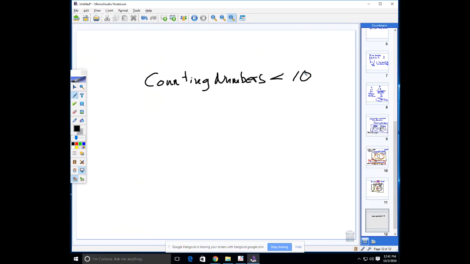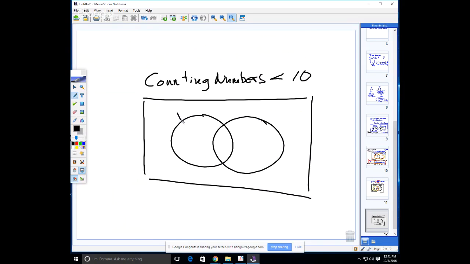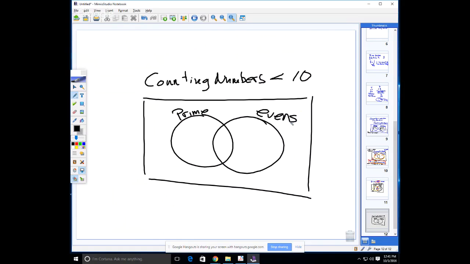And then inside my universe, I'm going to break that into a couple of subsets. Let's stick again with the primes, and let's stick again with the evens. So counting numbers less than 10, well, that's 1 through 9, right?